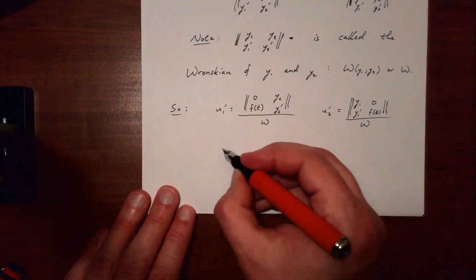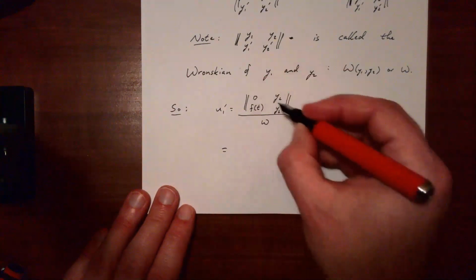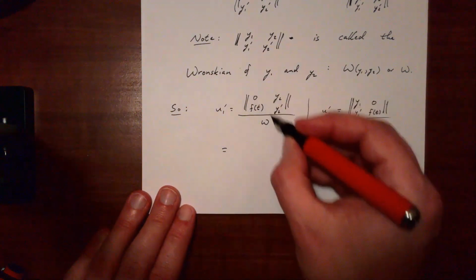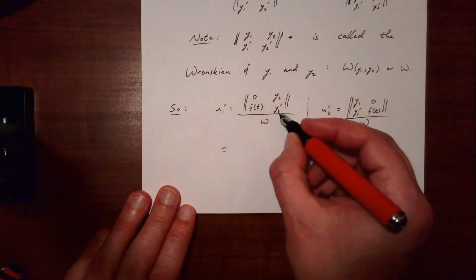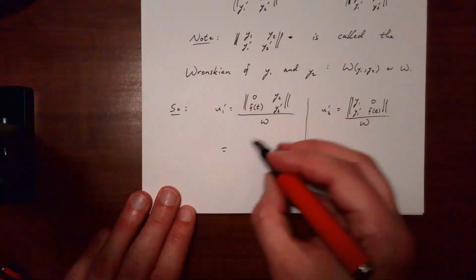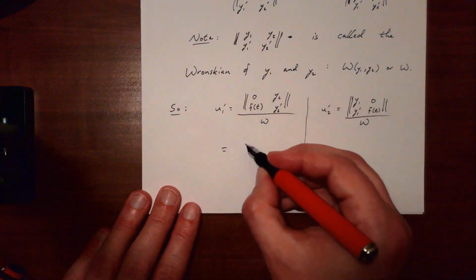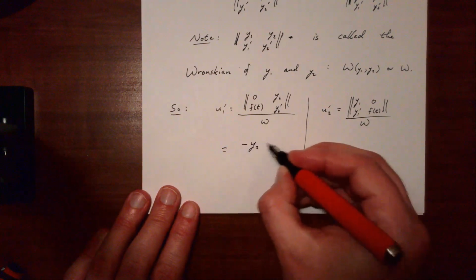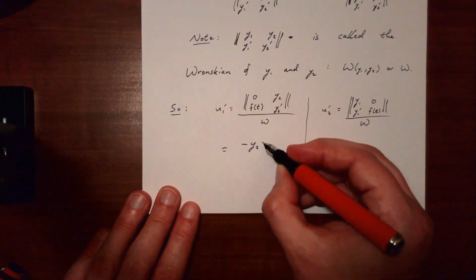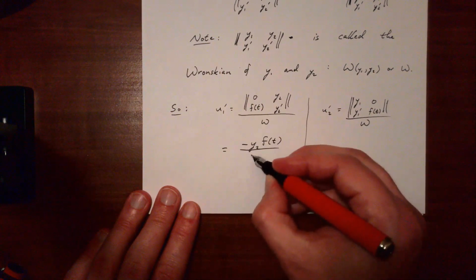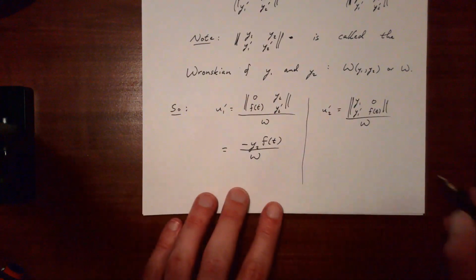And now let's go ahead and calculate this. This is equal to, well, you just do 0 times y2 prime, and then minus y2 times f of t. This is negative y2 f of t divided by the Wronskian.